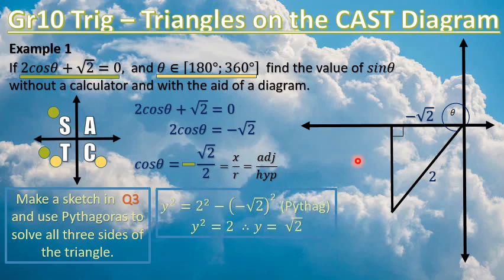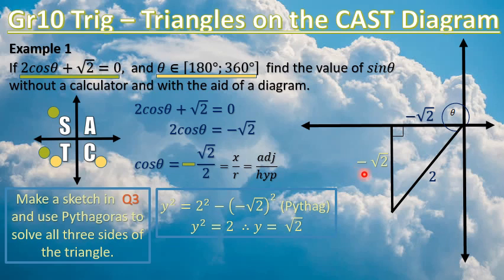Well, we've got a right angle triangle, and good old Pythagoras will allow us to take the hypotenuse squared and then subtract the x value squared, so 2 squared minus negative root 2 squared will give us y squared equals 2, and so our y value must be the square root of 2.